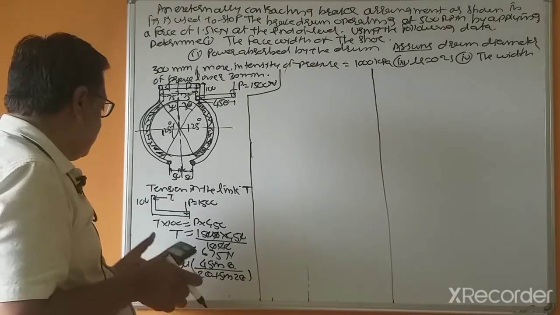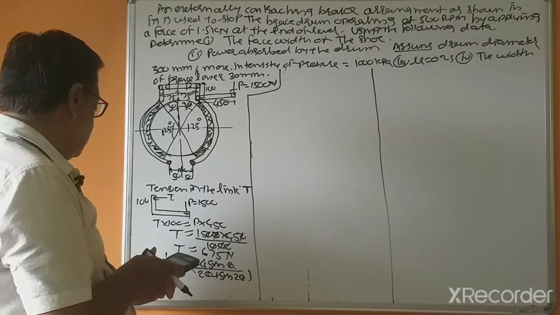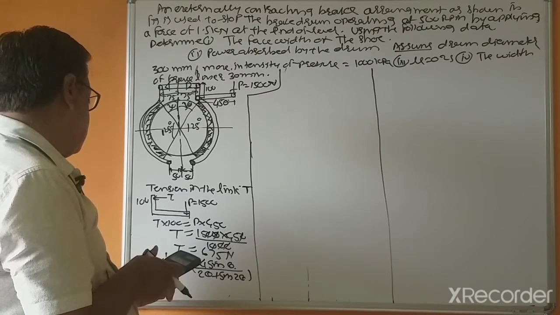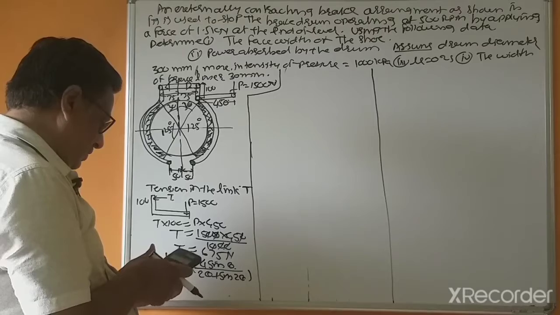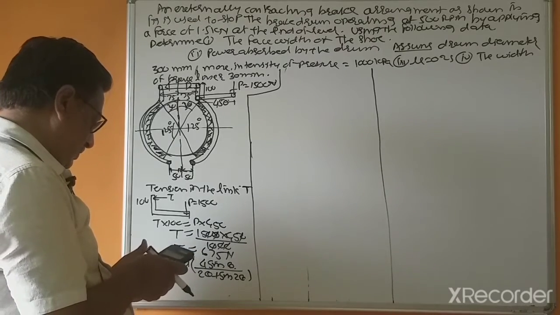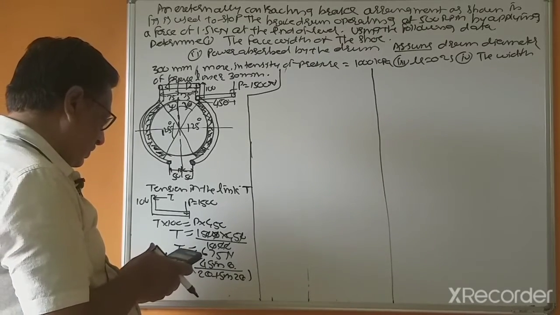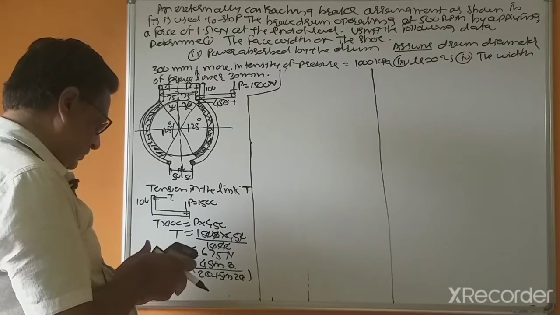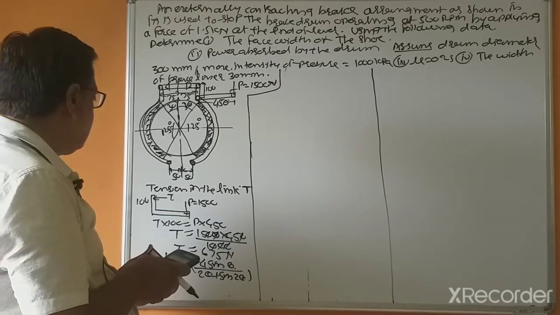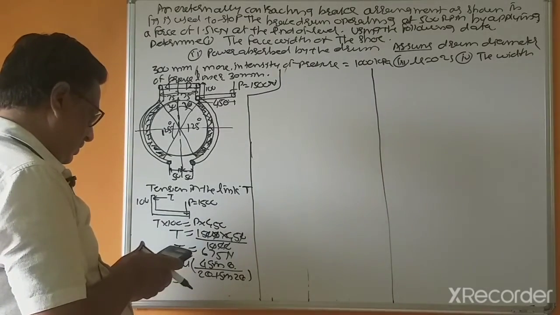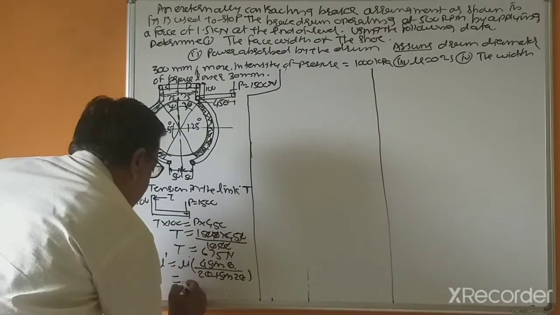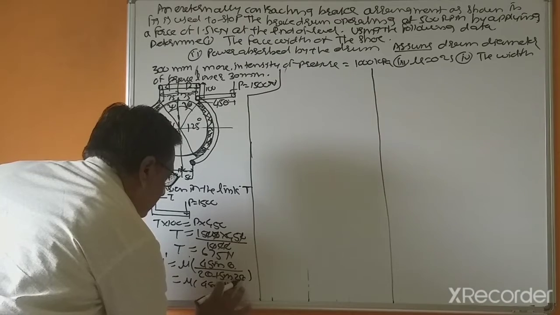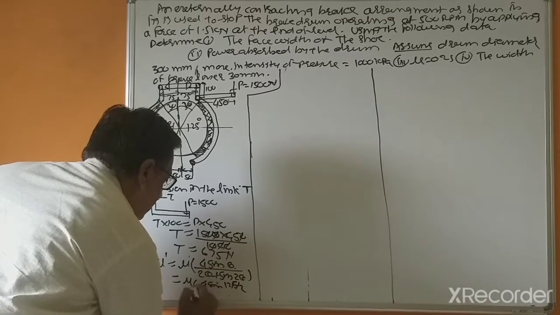So first we will convert this theta. So 125 multiplied by pi divided by 180, plus sin 125.